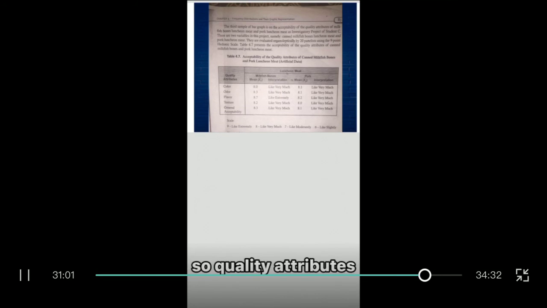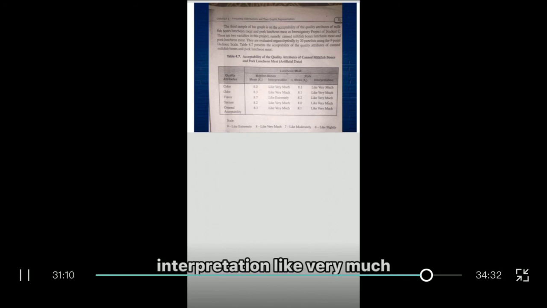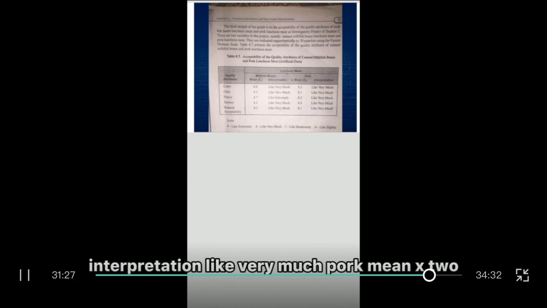Quality attributes: color, milk fish bones mean X1 8.0, interpretation like very much. Pork mean X2 8.1, interpretation like very much. Odor, milk fish bones mean X1 8.3, interpretation like very much.